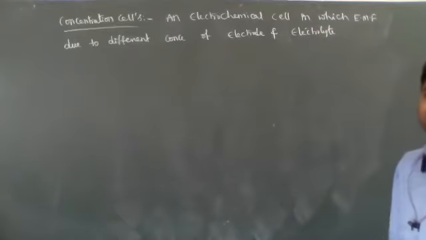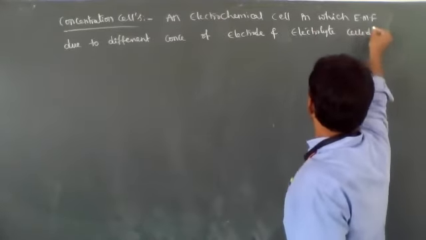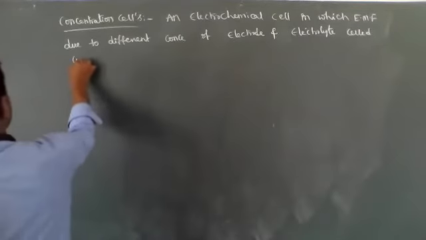Different concentrations of electrode and electrolytes are called concentration cells.